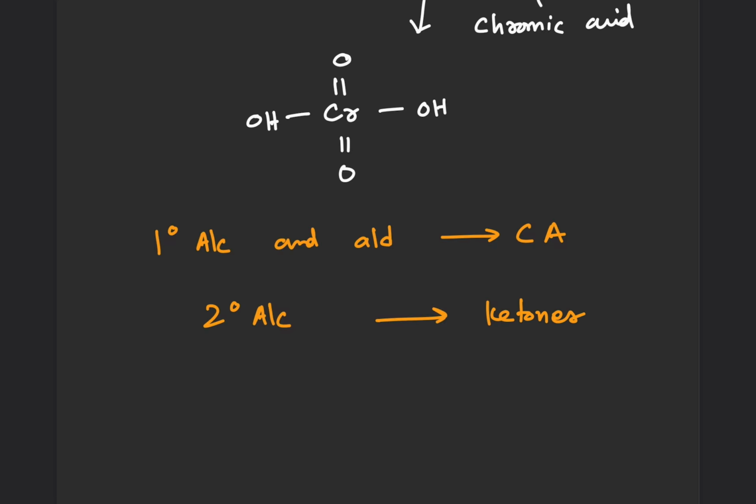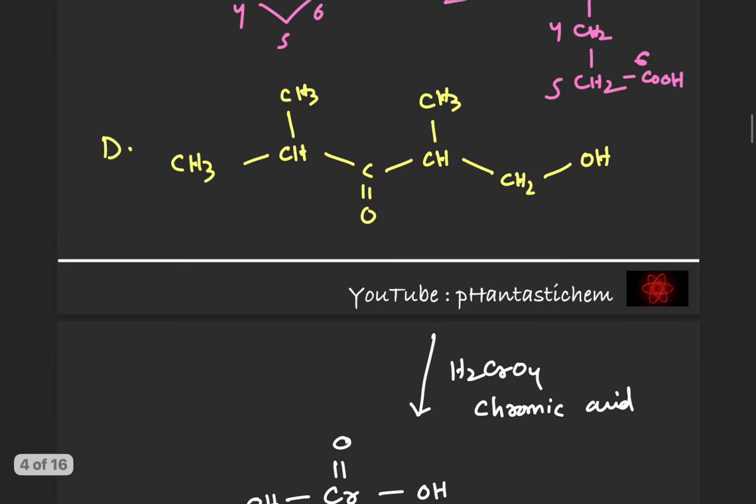It does not oxidize ketones under normal or mild conditions. So for example, you can see the starting compound consists of a ketone group. It does not affect this ketone. It does affect this primary alcohol. It will convert this primary alcohol into a carboxylic acid.